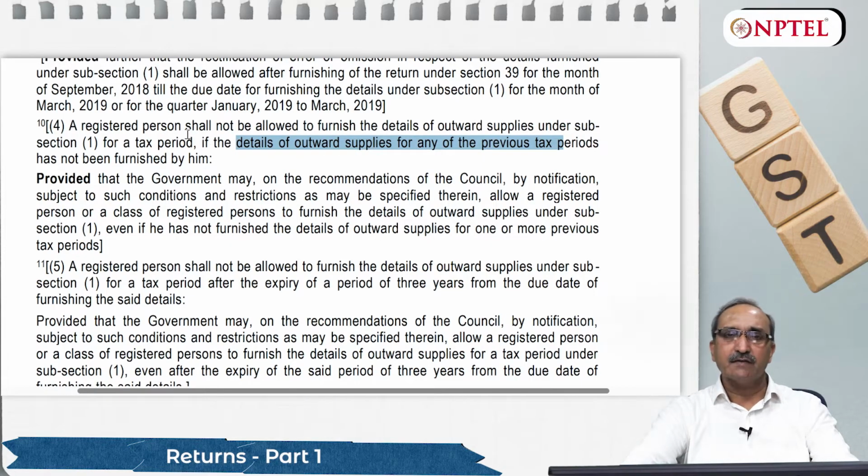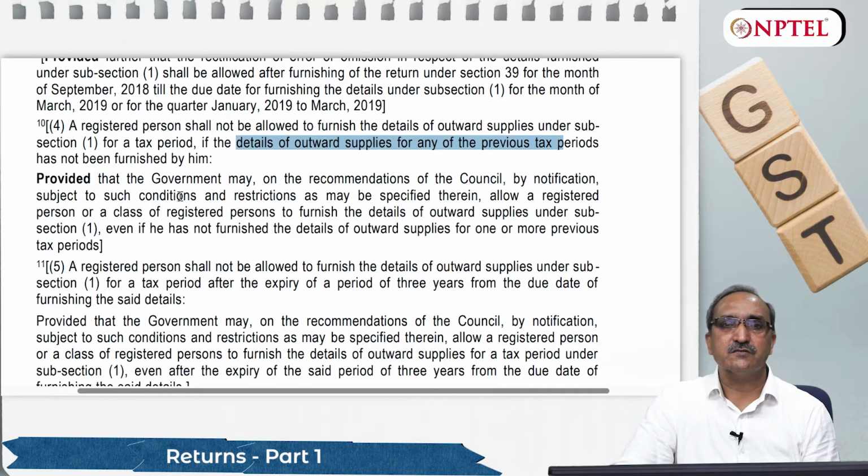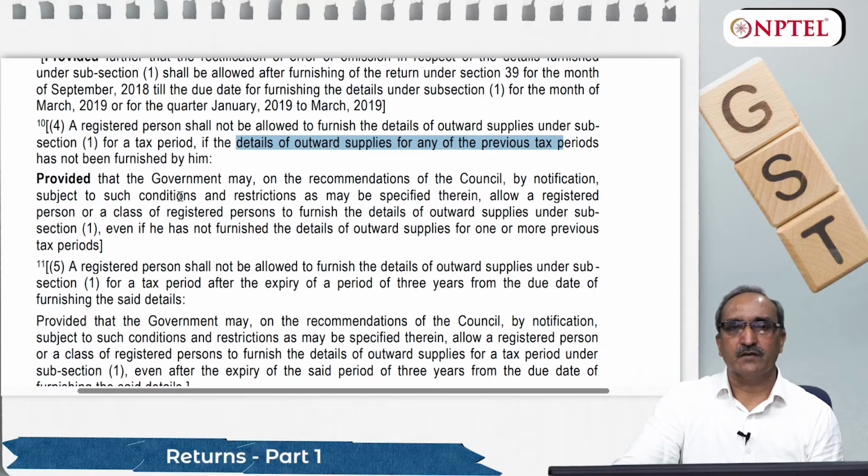So if we are filing GSTR-1 for July, we have to make sure that we have filed GSTR-1 of June also. If June's GSTR-1 is not filed, the system will not allow you to file GSTR-1 of July. So you have to declare your outward supplies on a regular, monthly basis for each and every month.